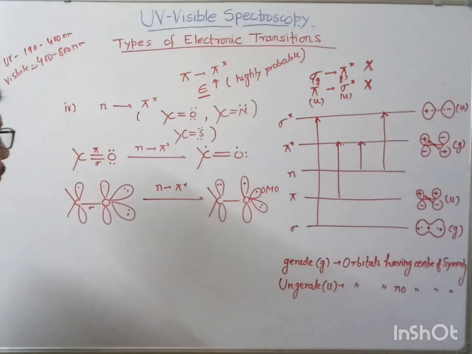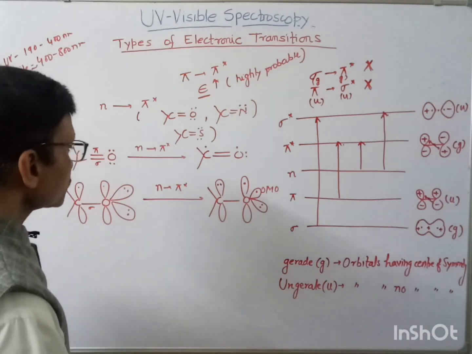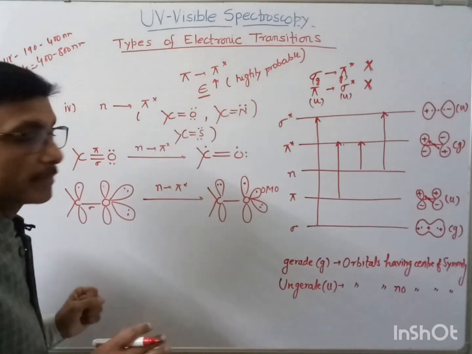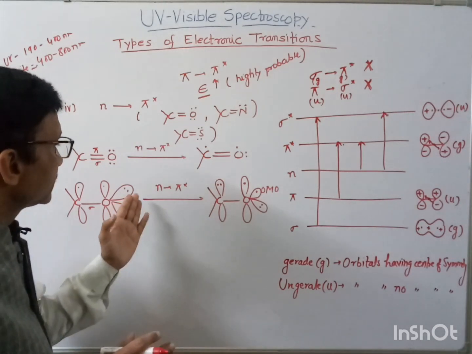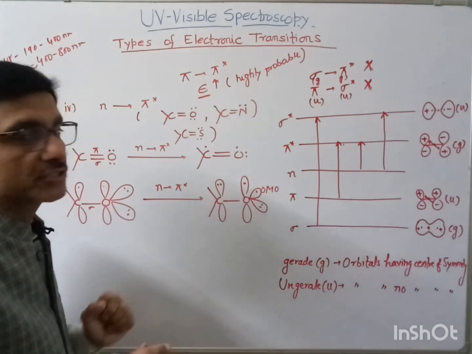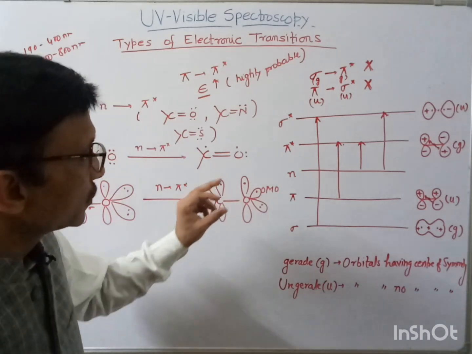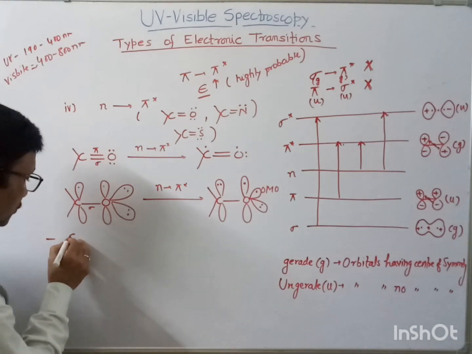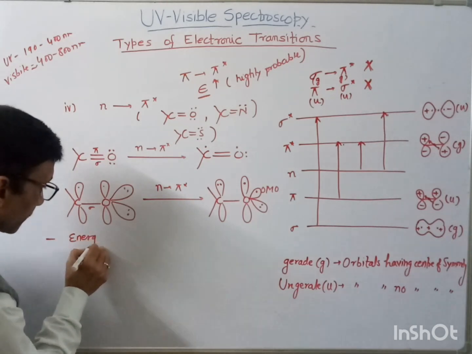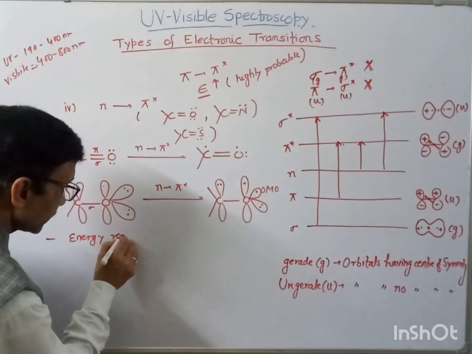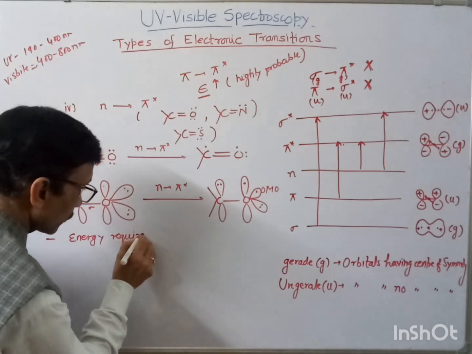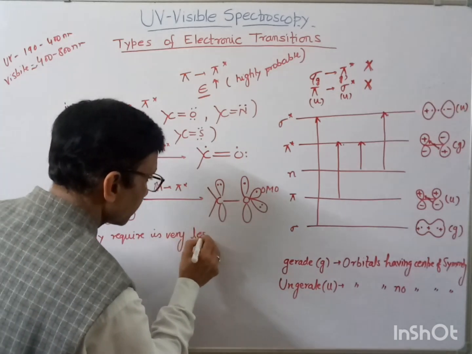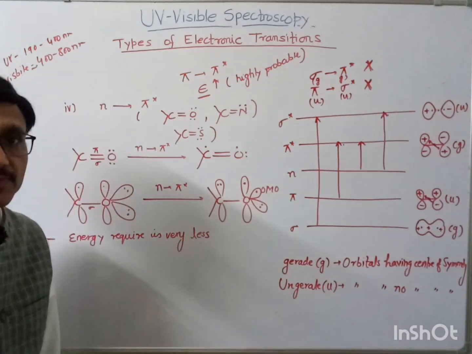Now one question may arise. For this n to pi star transition, the energy required is very less. Why is the energy required very less?